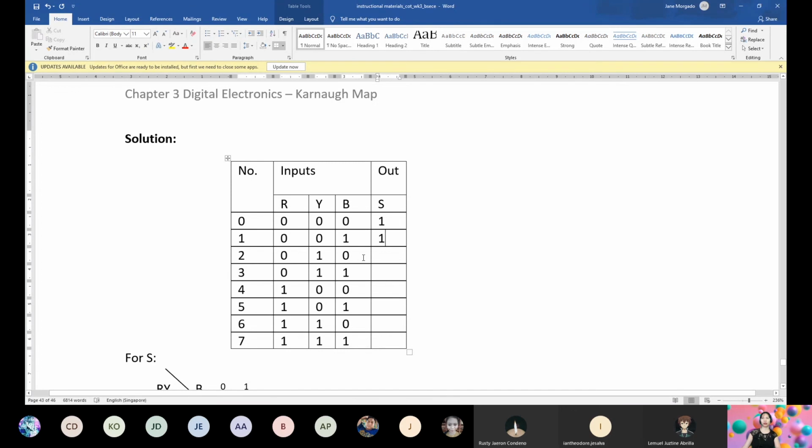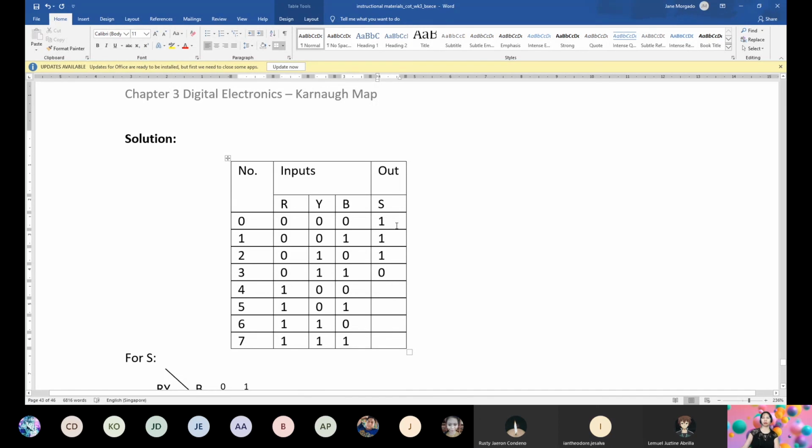Paano to? 0, 1, 0. 1 pa rin po. Okay, kasi isa lang yung active. Pag 0, 1, 1? 0. Okay, so that means this is 0 na.